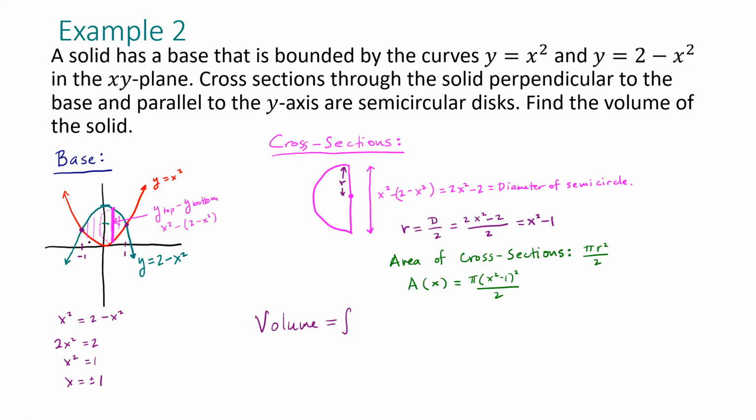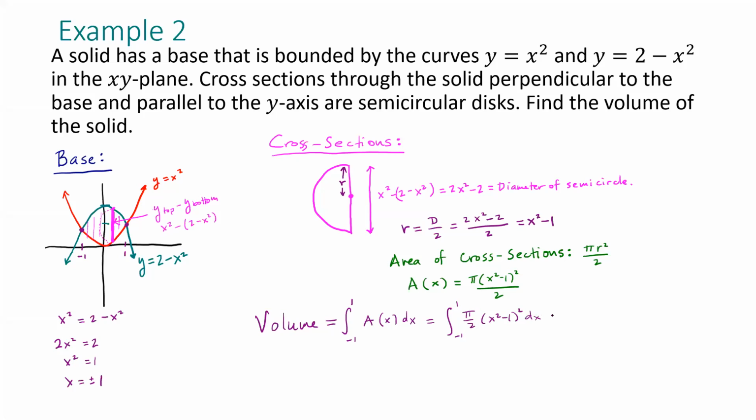In this case, notice our integral will go from -1 to +1. The boundaries of our region go from -1 to 1. And we got pi over 2 times x squared minus 1 squared.